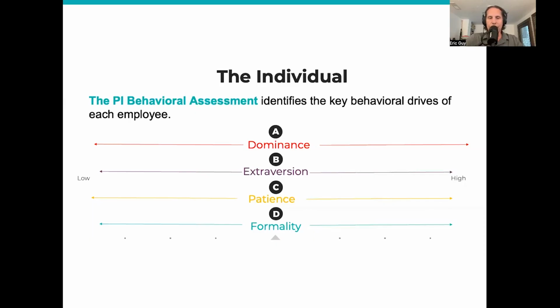And then the last one, I want you to think information channels, formality, the D drive, the D factor of the Predictive Index. When we look at this, consider your company size, and this is just a general statement, it's not locked in stone.